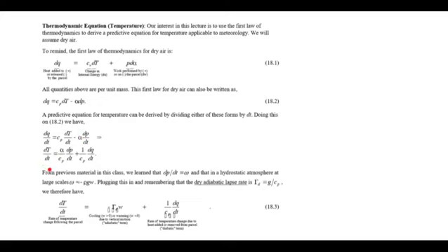Now, the trick is, remember, dp/dt, that's omega. Remember we worked with omega in a previous lecture. That's just the pressure velocity, the rate of change of pressure following the motion. If we were to plug that into the equation, remember that dp/dt is omega, and omega is minus rho g w in a hydrostatic atmosphere.